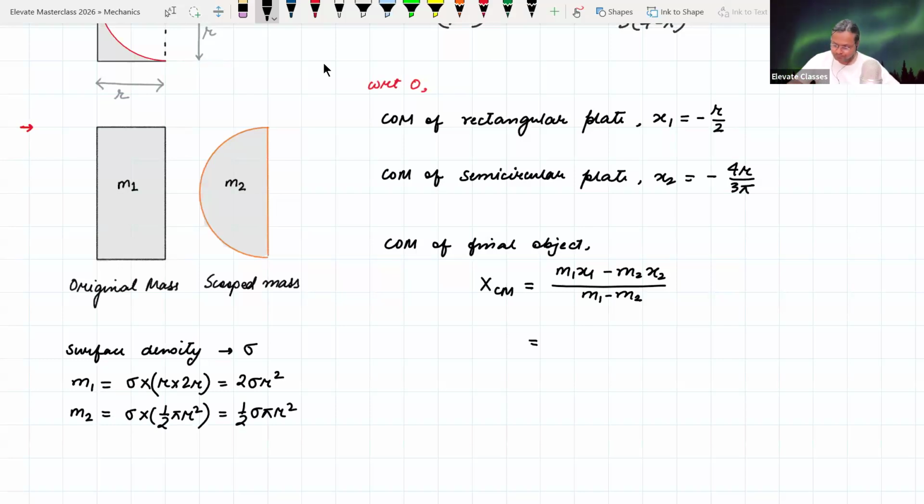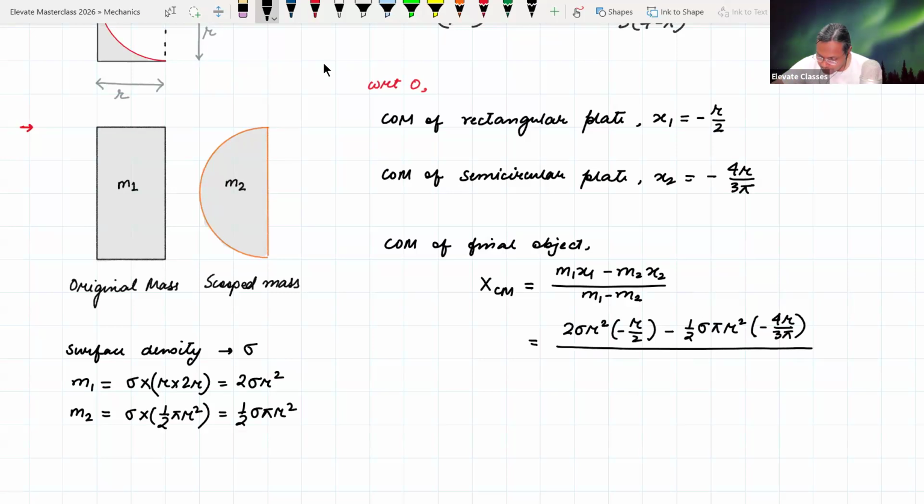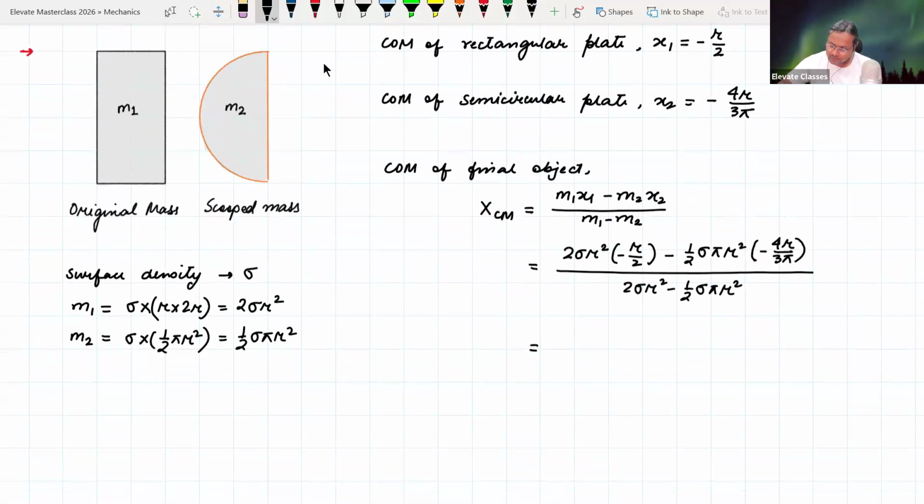So x cm is equal to: m1 is 2 sigma R square times x1 which is minus R upon 2, minus m2 which is half sigma pi R square times x2 which is minus 4R upon 3 pi, and m1 minus m2 is 2 sigma R square minus half sigma pi R square. That's it. I think if we solve it, we will get the answer.